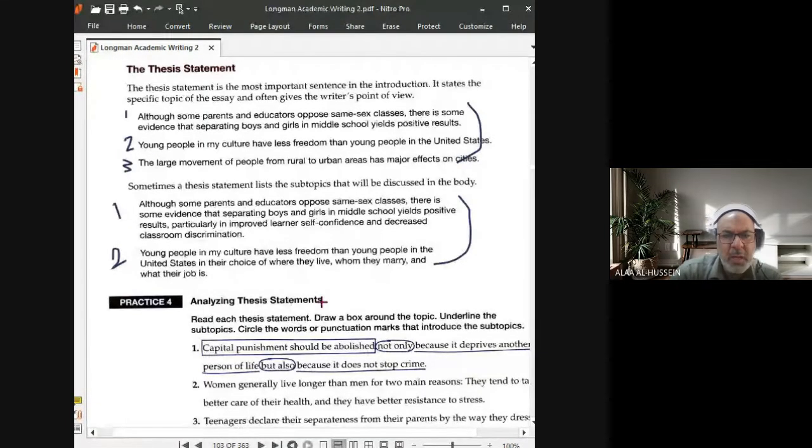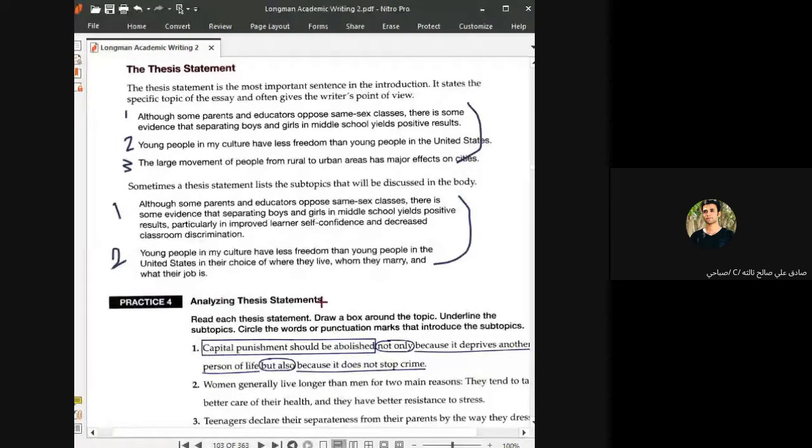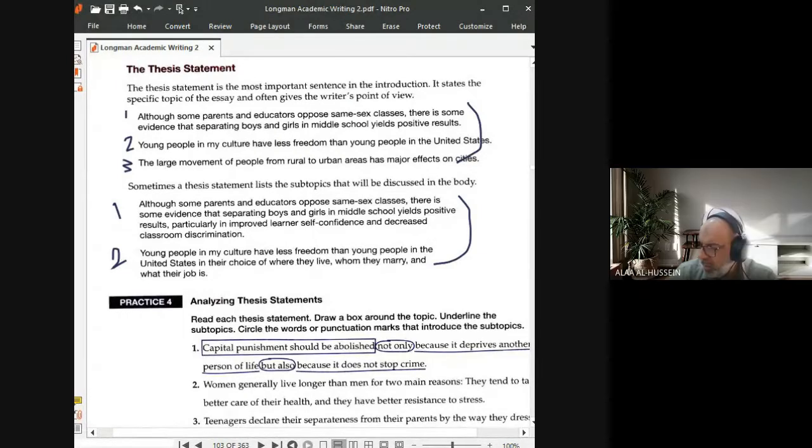And Sadiq Ali Saleh, the last sentence. Yes, Doctor. Young people in my culture have less freedom than young people in the United States in their choice of where they live, whom they marry, and what their job is. Okay, thank you very much.